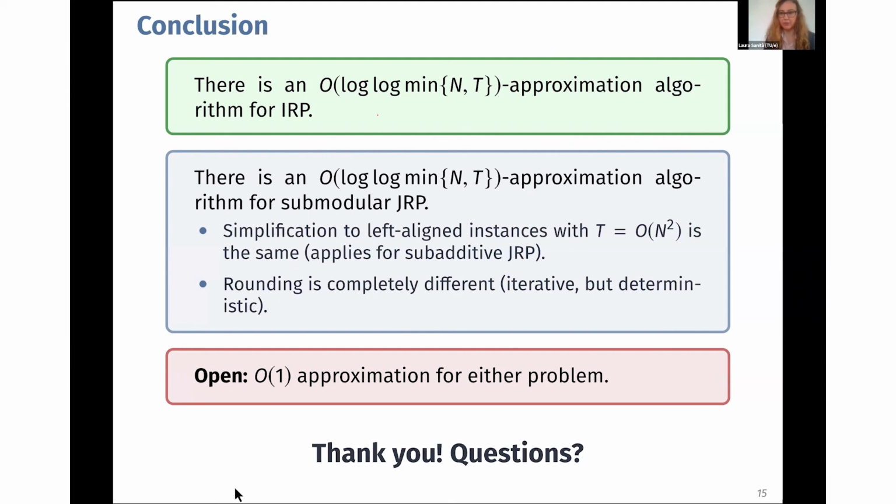Let me just meanwhile ask a natural question: is it important that you have only one depot? Yes, definitely. We didn't think about the multi-depot setting at all, to be honest. I think it matters.